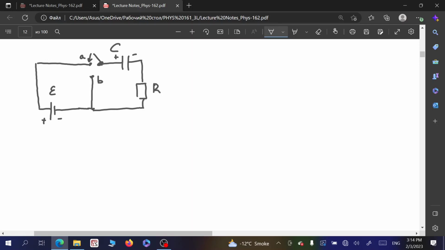So now we consider a different case. Our capacitor is charged, so we disconnected it from position A and turned the switch to position B. In this case, we can neglect the presence of the battery in this circuit, so we can actually even delete it here.